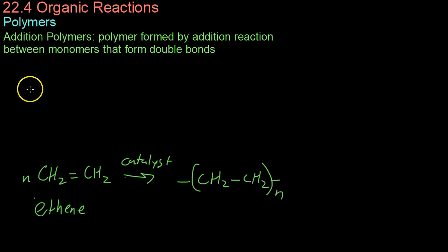Alright, so looking at polymers now, we're going to specify certain types of polymers, beginning with addition polymers, which are basically just polymers that are formed by addition reactions between monomers. So for example, if you start off with n number of ethene molecules with this double bond in the middle, and put them through a process using a catalyst, you can break down the double bond into a single bond and then chain them together.